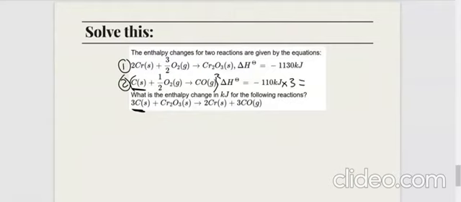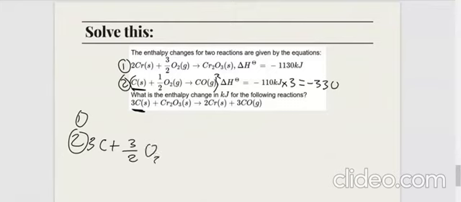So the delta H would be negative 330 kilojoules. So let's rewrite the second equation. It will be 3C plus 3 over 2 O2 will give us 3CO. Okay, now we have 3 moles of C here, so we're done with this.